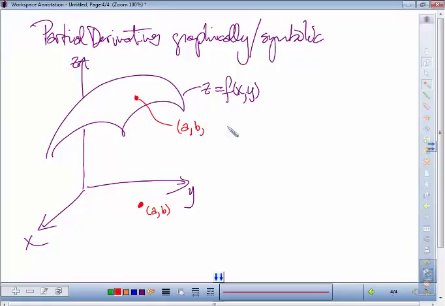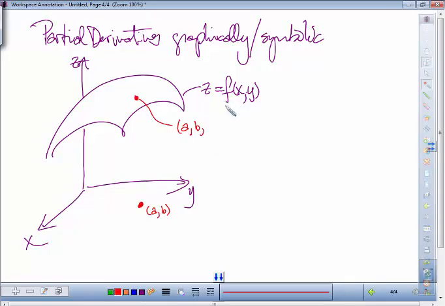So what do you think the z component of this is going to be? We could call it c, but it should be something specific to what we have here so far. So it's the function, right?